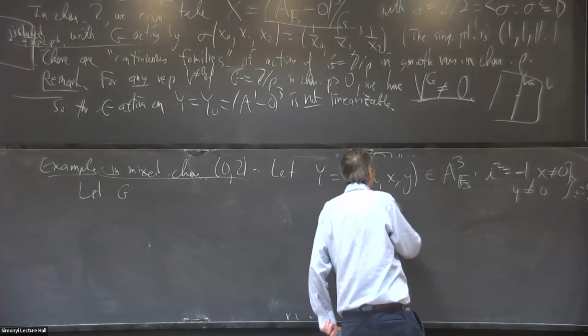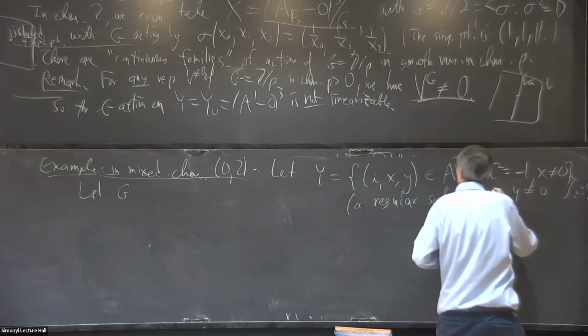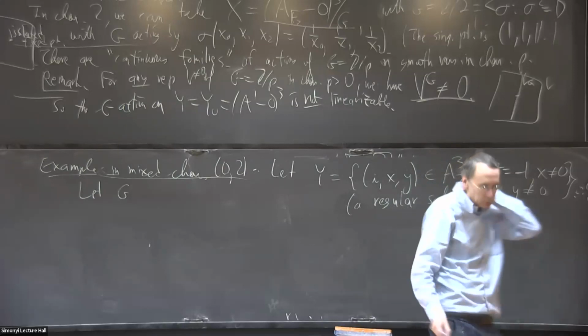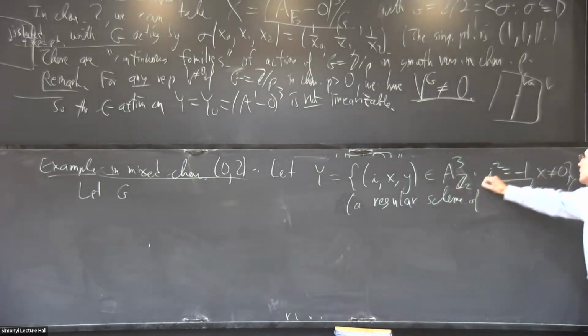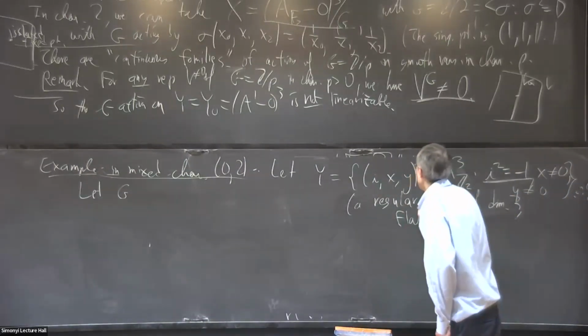It's a regular scheme of dimension 3, right? Sorry, I'm talking about Z[1/2]. Affine 4-space over Z[1/2] is a 4-dimensional scheme, but I have this equation, so that makes it a 3-dimensional scheme, and it's flat over Z[1/2].